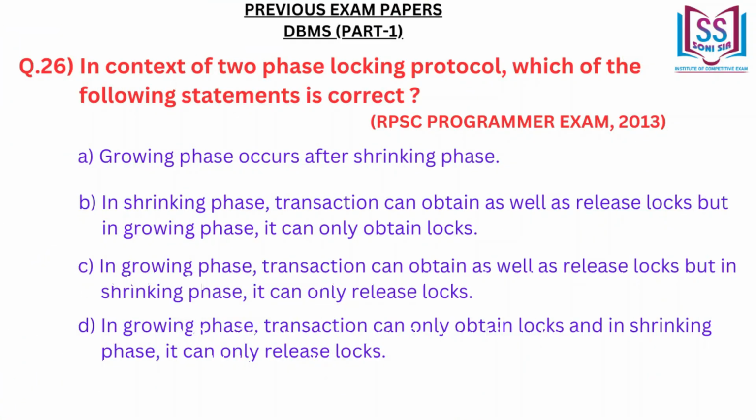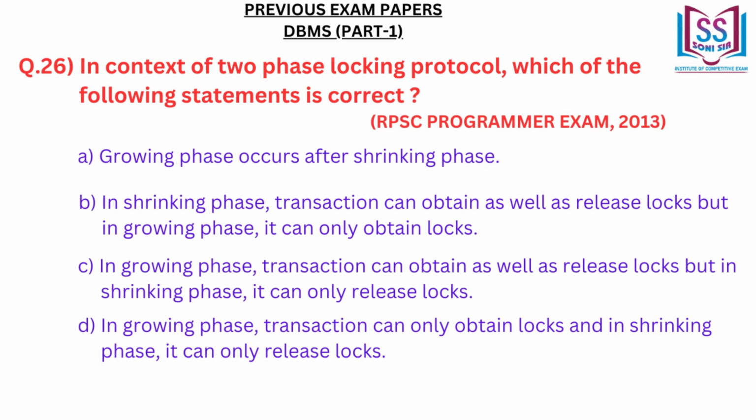In the context of the two-phase locking protocol, which of the following statements is correct? A. Growing phase occurs after shrinking phase. B. In shrinking phase, transaction can obtain as well as release locks, but in growing phase, it can only obtain locks.